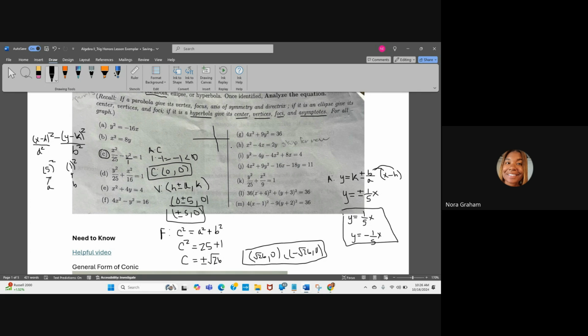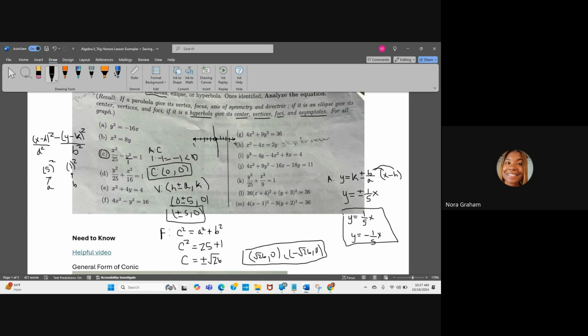So let's go ahead and do a little funky graph because I don't have a special one on here. And I'll probably graph it on Desmos too, just to show you guys. All right, so my center is 0, 0. Got it. My vertices are going to be plus or minus 5, 0. So 1, 2, 3, 4, 5. That's one vertex. And negative 5, 1, 2, 3, 4, 5.